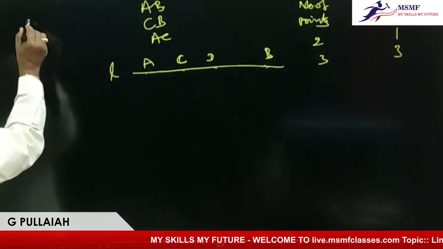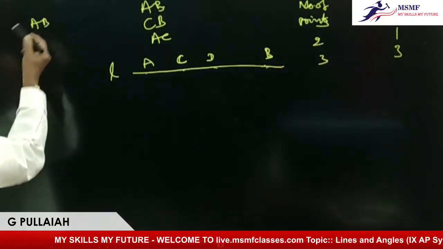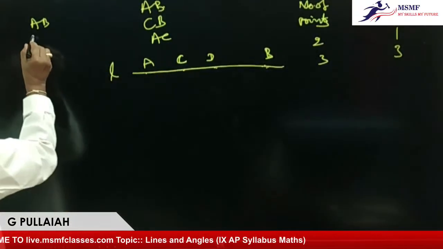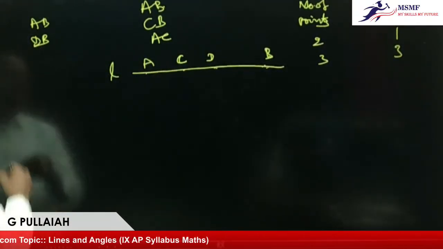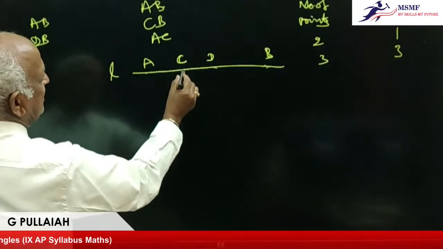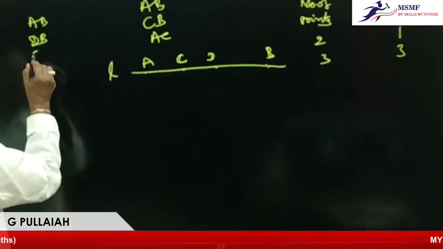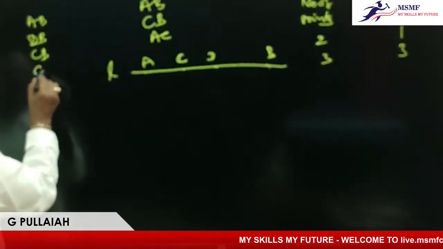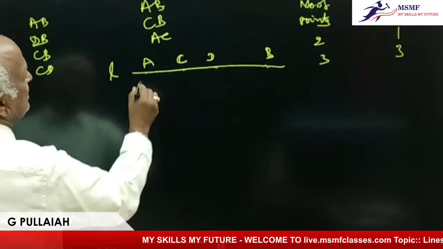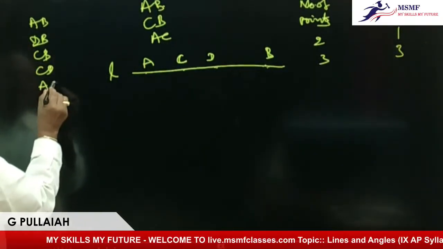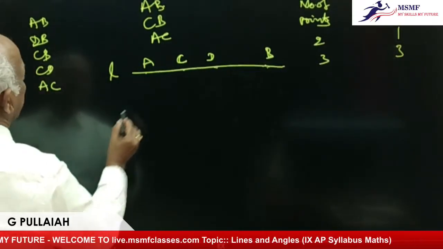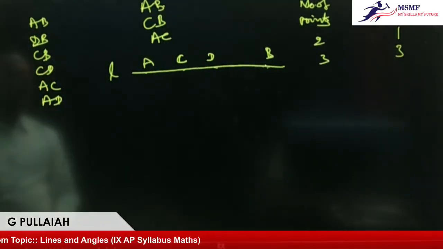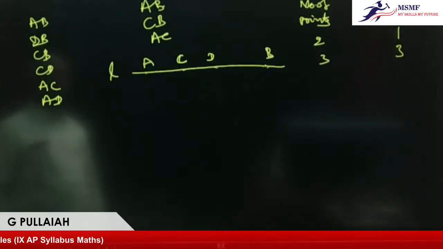One line segment is AB, then DB, then CB, then CD, then AC, and then AD, one line segment each. Correct?